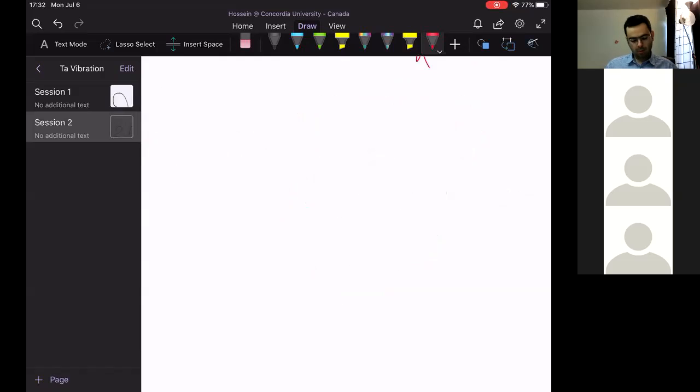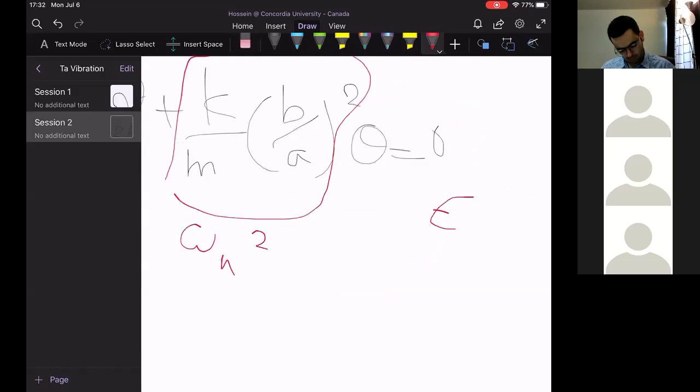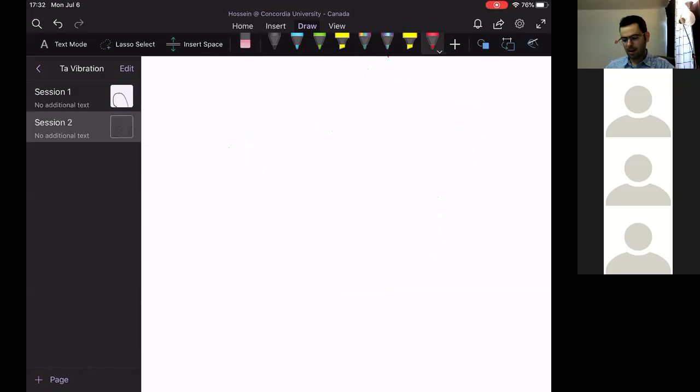So we are done with the equation of motion for the first part, and for part B, we are supposed to find the natural frequency of damped oscillation.